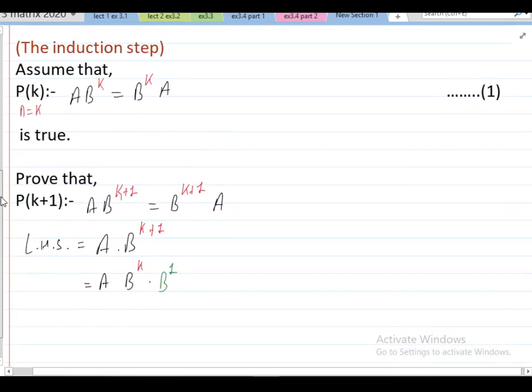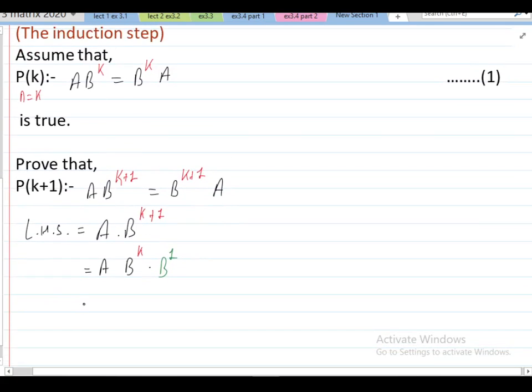Now what is the first equation? We already assumed that AB raised to k is B raised to k into A, right? So we apply this in the first two terms: B raised to k into A will be there, and B raised to 1 will be as it is.